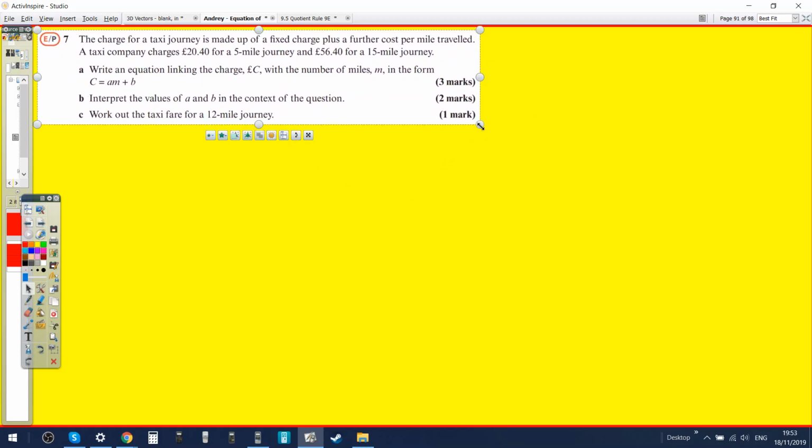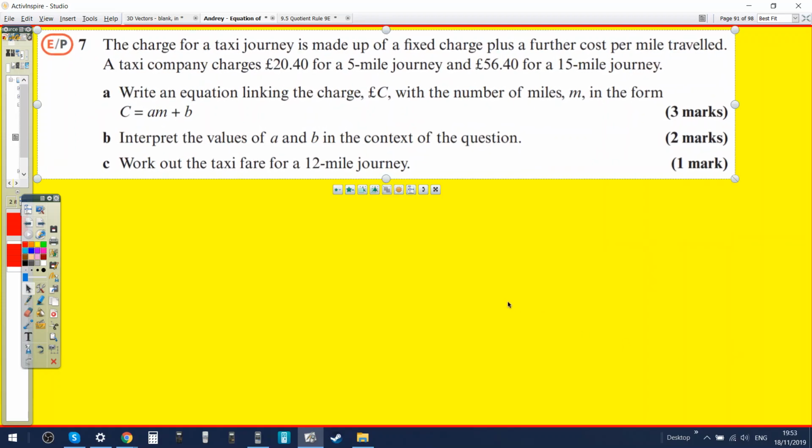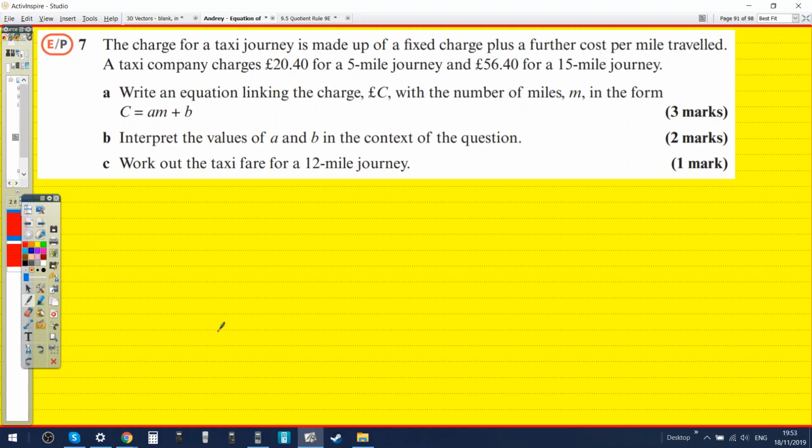The charge for a taxi journey. A company is this. Write an equation. Okay, let's do this.